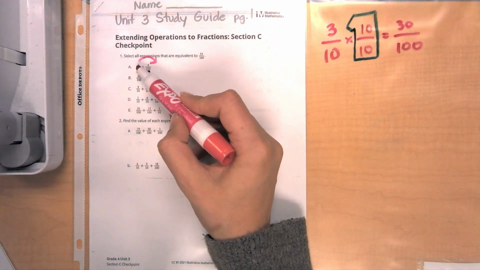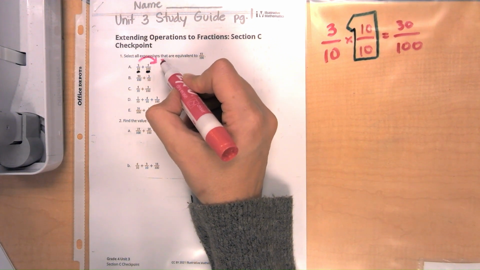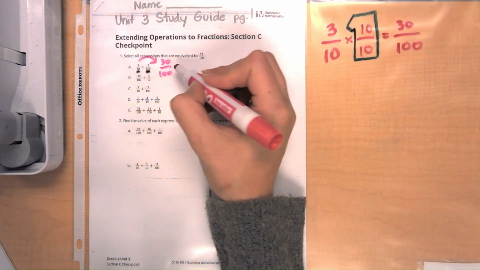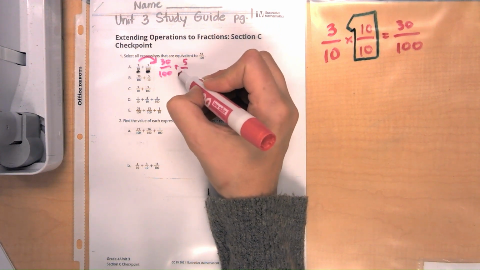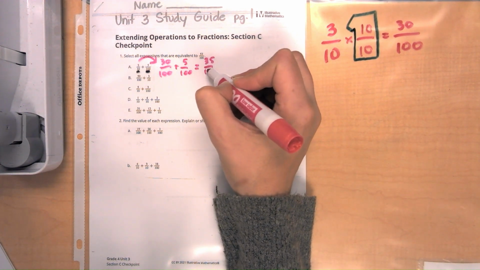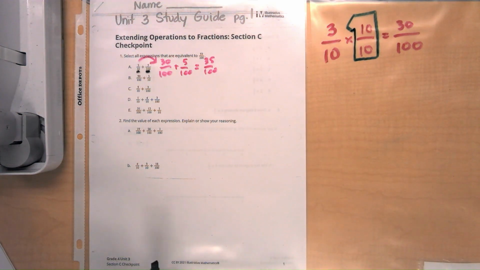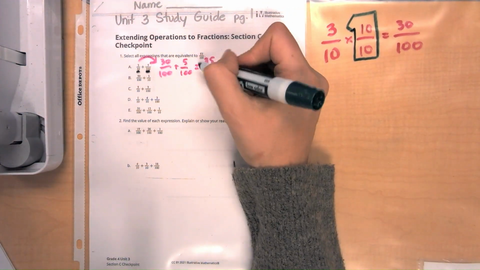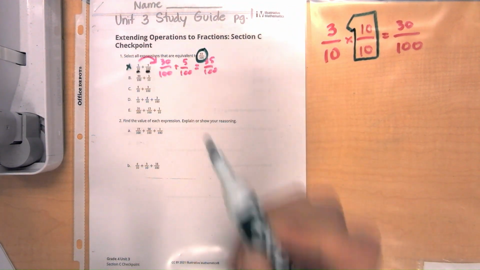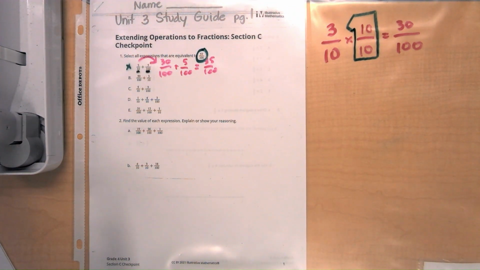Now, this 3/10 is now 30 100ths, and we can add 30 100ths plus 5 100ths. That gives us 35 100ths, which is not what we are looking for. What we are looking for is 53 hundredths. So A is not the correct choice. We are not going to select A.